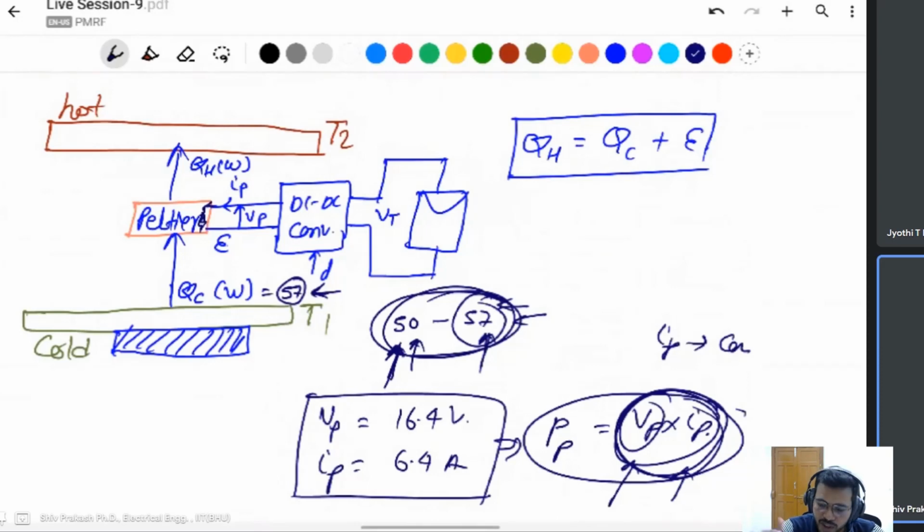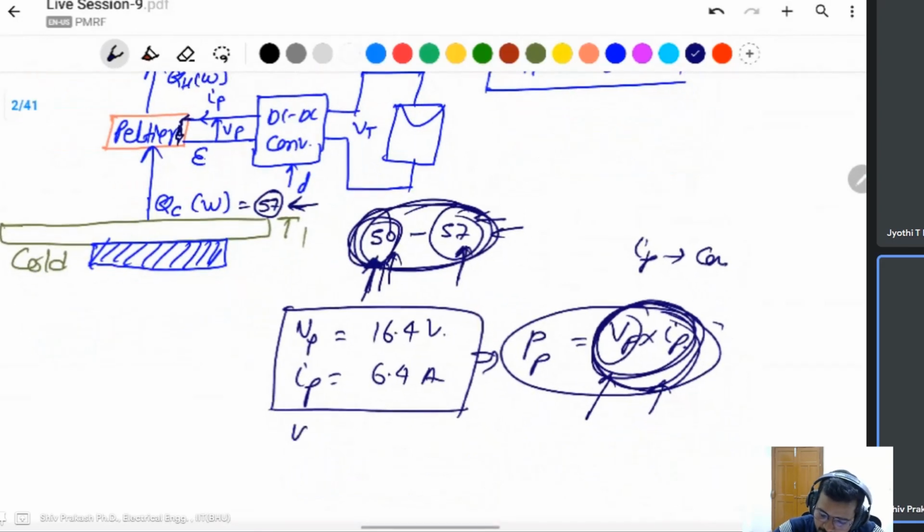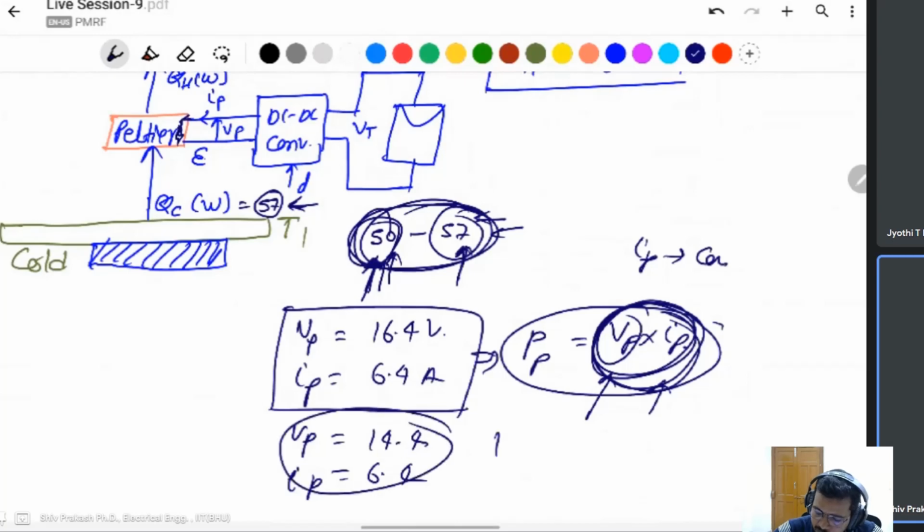That's why, suppose you select 50 watt and you give some power, then VP is 14.4 and IP is the same 6.4. Then this will be some power. This is the power for the 50 watt.